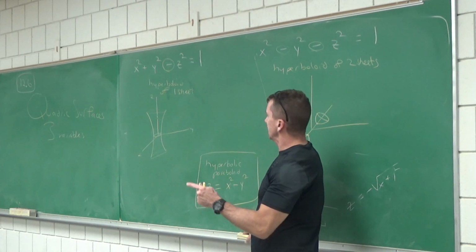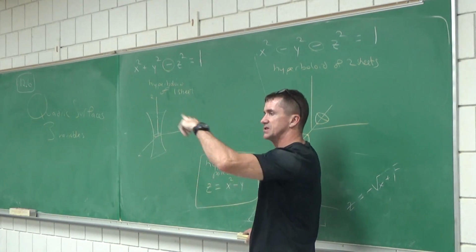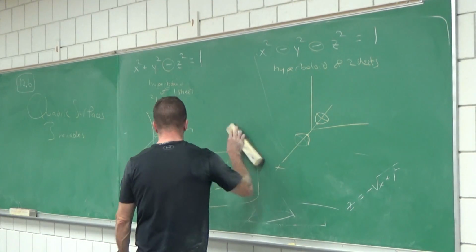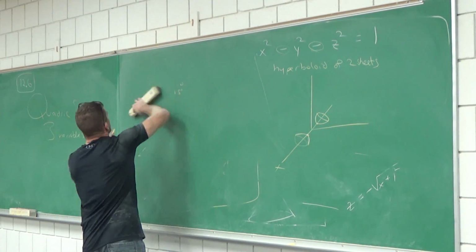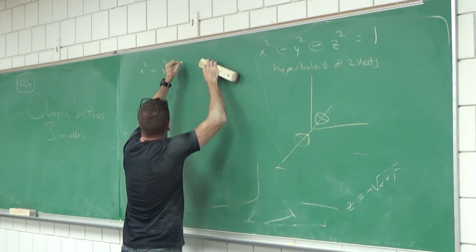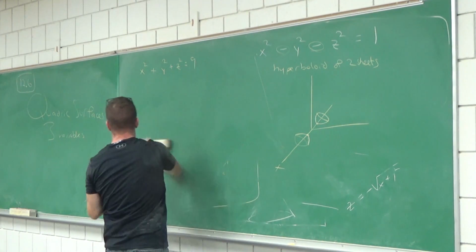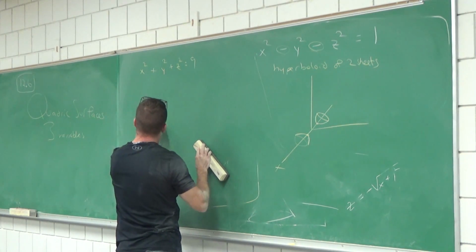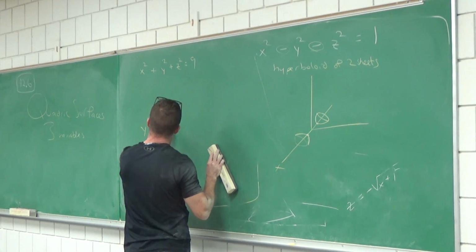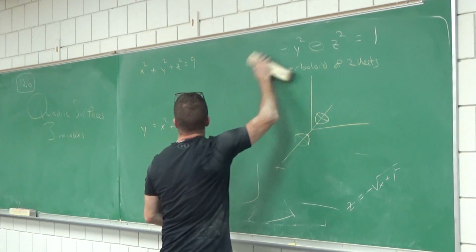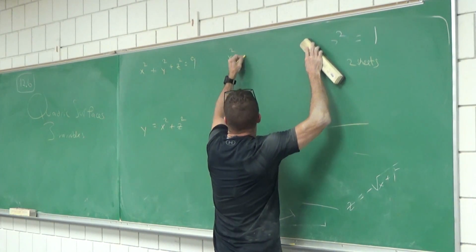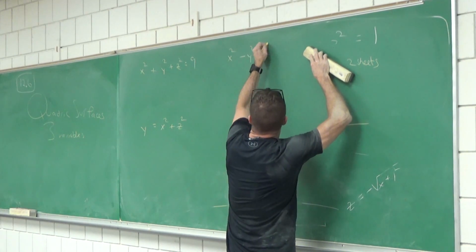Right before you pack up, can I blast like 5 or 6 equations on the board and you tell me what they'd all look like? We'll wrap up. It'll only take a second. I'll just write a bunch. Here they come. How about x squared minus y squared plus z squared equals 1?